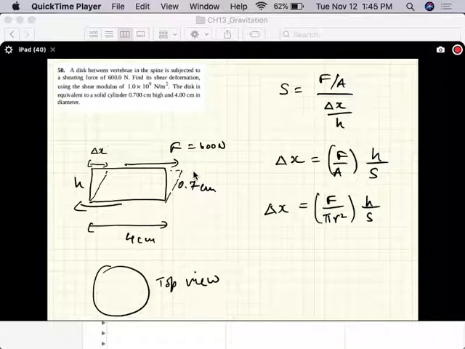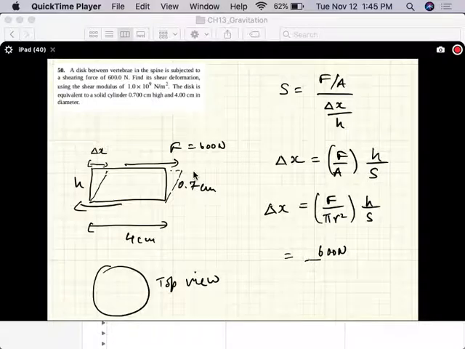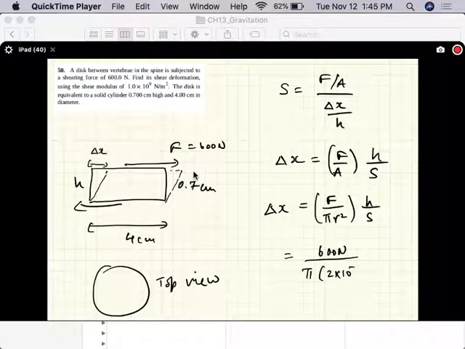Alright, so let's go ahead and put these 600 newtons, the radius is 2 centimeters, H is 0.7 centimeters, and shear modulus is 10 to the 9 Newton per meter square.